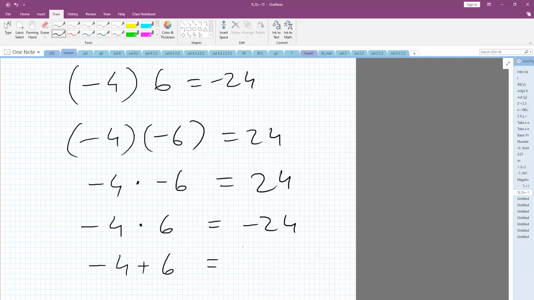No, this is not multiplication. Okay. So be careful. What is this? Is it addition? Yes. So -4 plus 6. That makes 2.